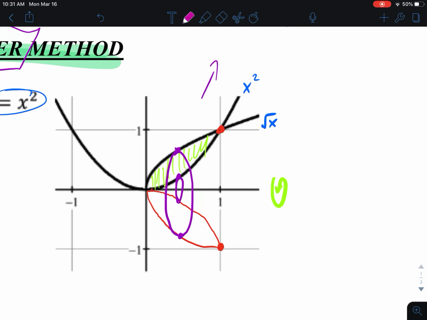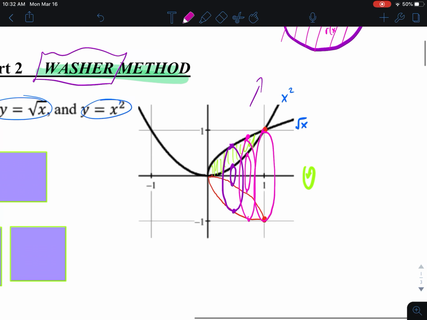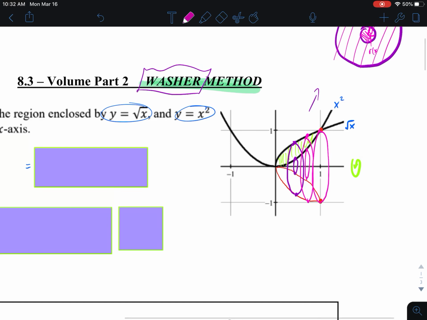So if you could imagine that, this rotates all the way to there, and that's open. I'm just going to draw a bunch of random ones, rotates to that, but there's this area inside that's open. There's an infinite number of these washers being stacked up vertically and lined up horizontally. So let's think about it.